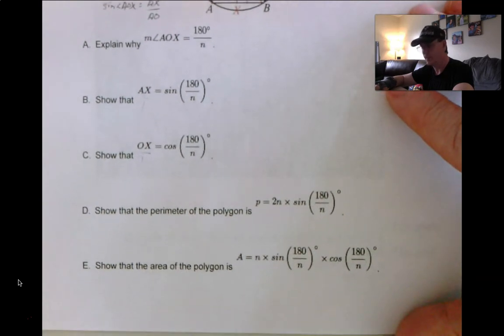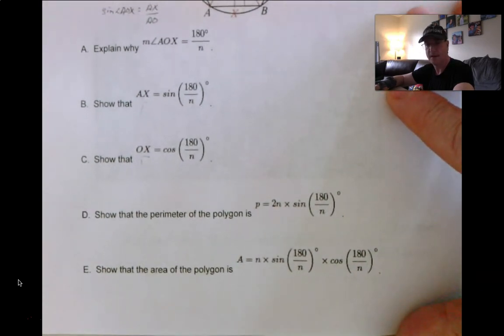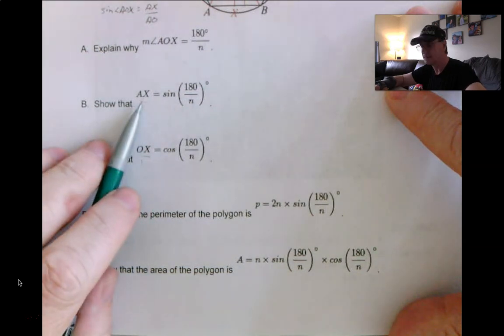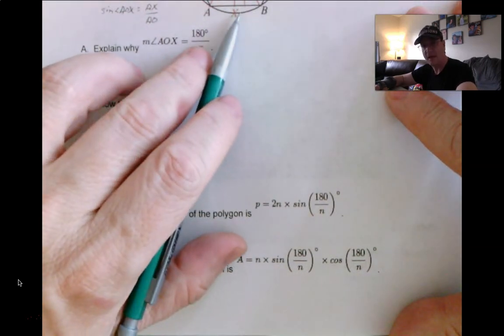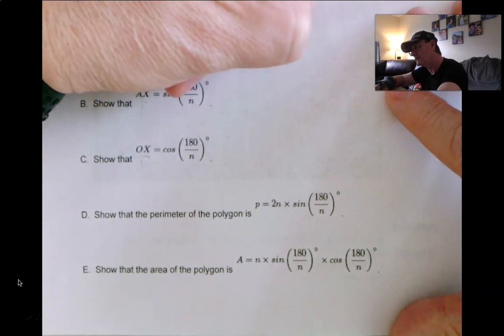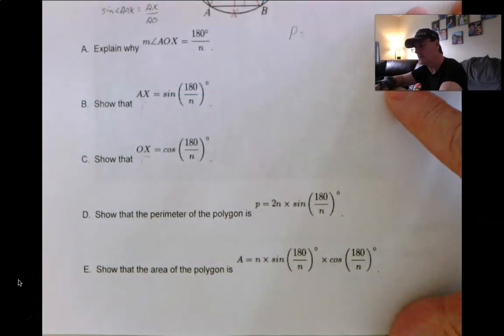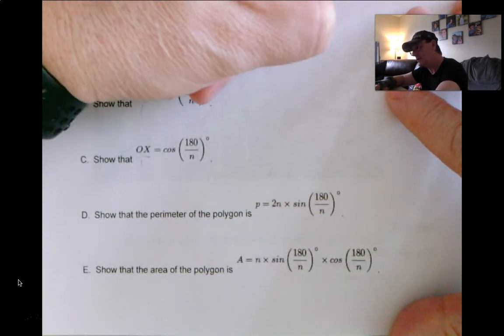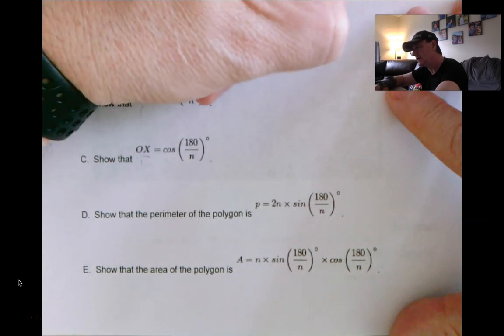Part D. Show that the perimeter is equal to 2n times the sine of 180 over n. AX is half of AB. So perimeter is equal to n, number of sides, times AB.